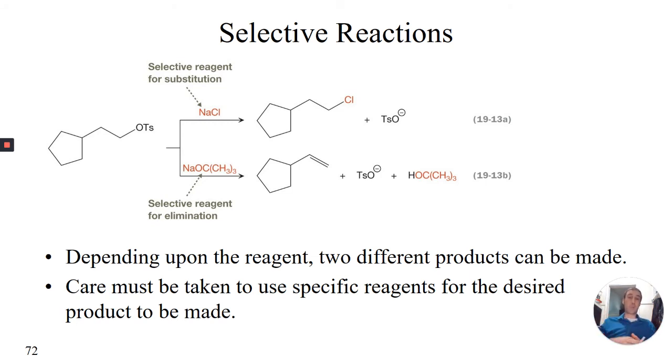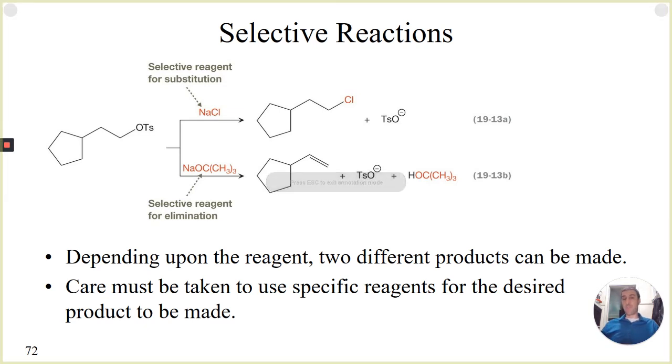So if we were to look at the two reactions up above, sodium chloride would be a great reagent for a substitution. Whereas if I used something else in that solution, that could have allowed some other result. For the selective reagent for elimination, we're using t-butoxide in this case. That's a strong base, so that should facilitate an elimination. But why not use something like hydroxide?